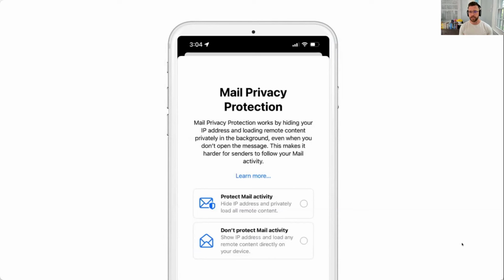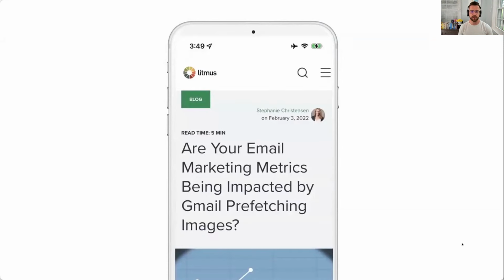What mail privacy protection does is essentially take all of the pre-click data that we had at our disposal, open rate and the like, away. It anonymizes all of that data. So that was one big shift that we had in the industry a few months ago. The next thing that we've had in the industry is what's called Gmail prefetching. What Gmail is trying to do is essentially serve an incredibly fast experience.